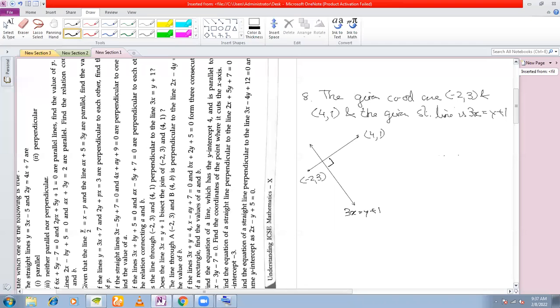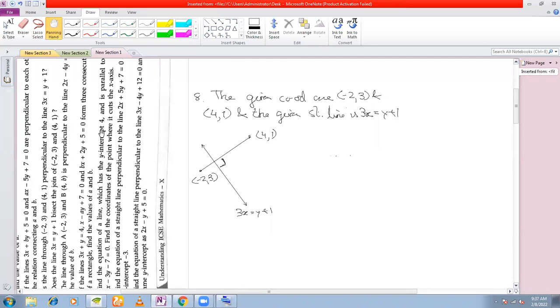Is the angle between these two lines 90 degrees? That is what the question is asking you. So how will you check whether the angle is 90 degrees? You check whether the product of their slopes is minus 1 or not. If the product of their slopes is minus 1, then you say that they are perpendicular to each other. And if it is not equal to minus 1, then you say that they are not perpendicular to each other. As simple as that.